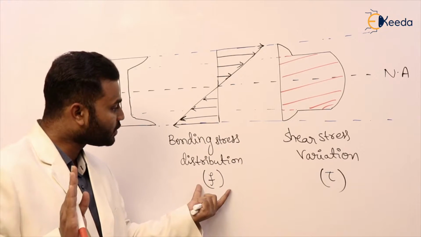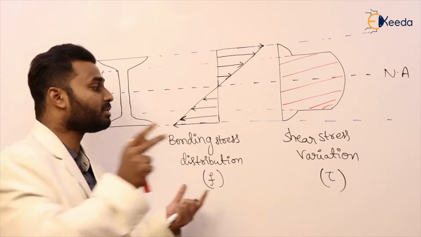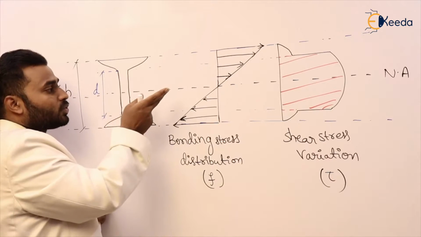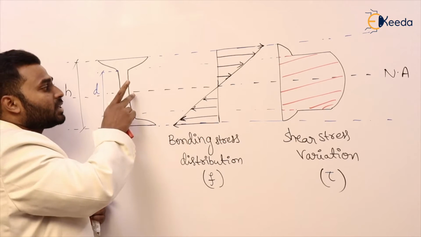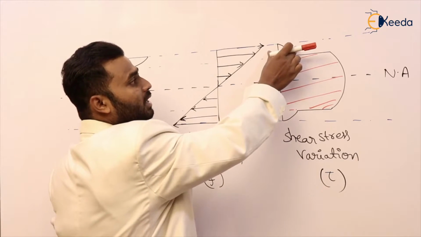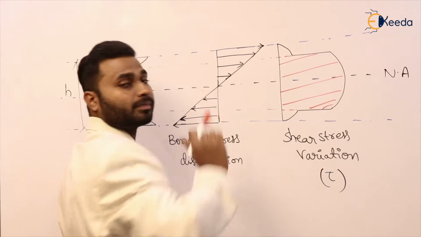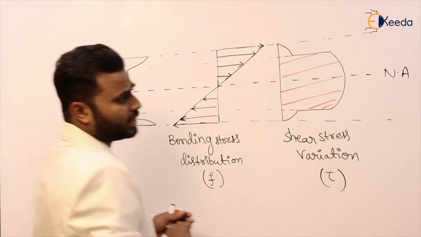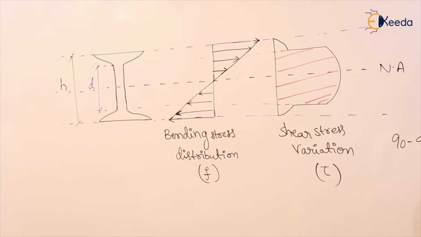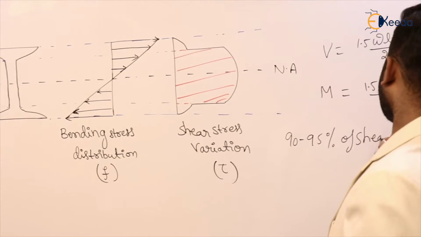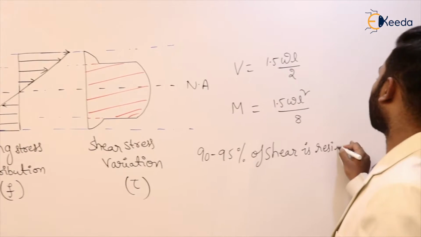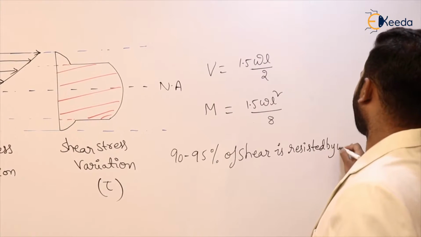Once again, if you see the bending stress distribution, the maximum is at the extreme fibers, which means the maximum stress is at the flanges. As you proceed towards the web, the stress decreases and it is zero at the neutral axis, which is in the web. But the shear stress is minimum in the flanges and maximum in the web. Based on that, in the working stress method, we assume that 90 to 95% of shear is resisted by the web.